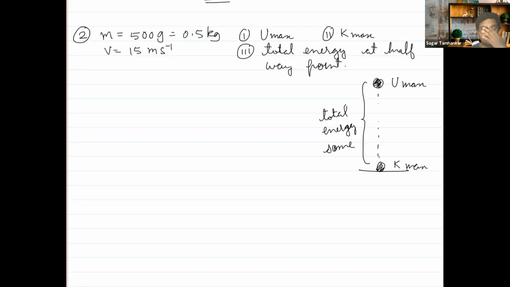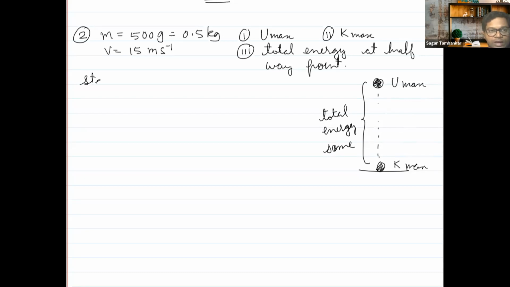Say the kinetic energy maximum is 40 joule, so potential energy maximum will also be 40 joules. But in between, for example, if the potential energy is 20, kinetic energy will be 20, but the total will always be 40. So that is what I said, that total energy is same at all points.